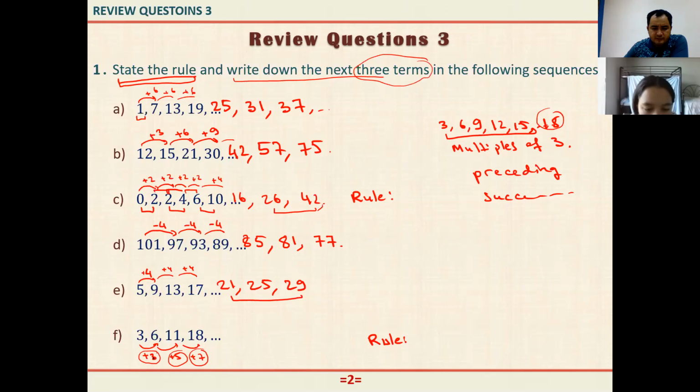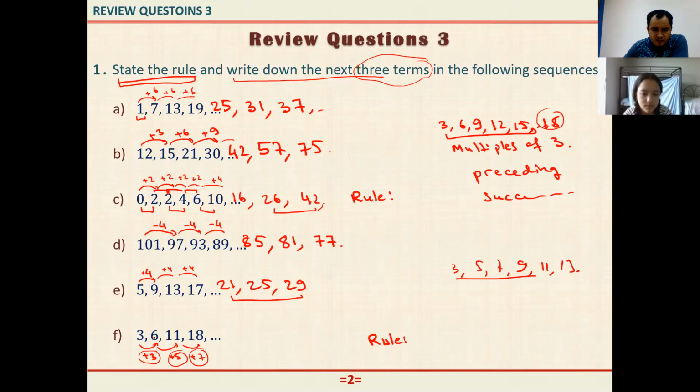So start with 3 and add odd numbers starting with 3: 3, 5, 7, 9, 11, 13. Start with 3 and add the following odd numbers to get the next term.